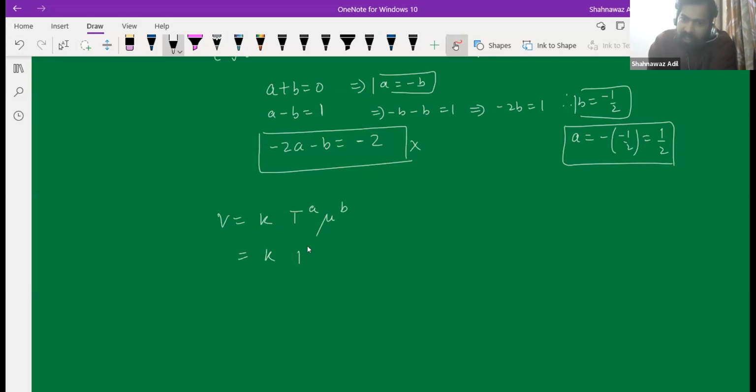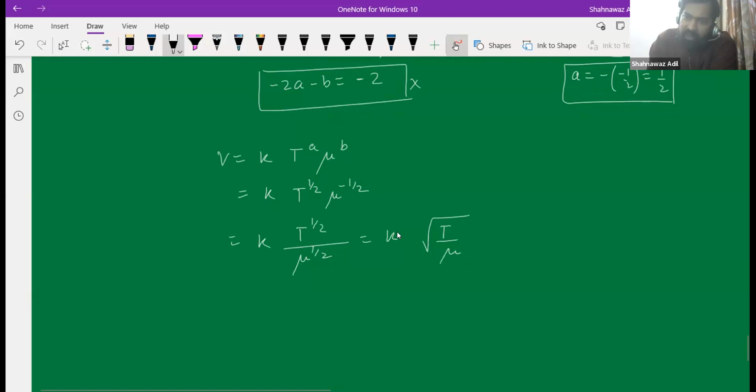So this is K times root T by root mu, which is root of T by mu.